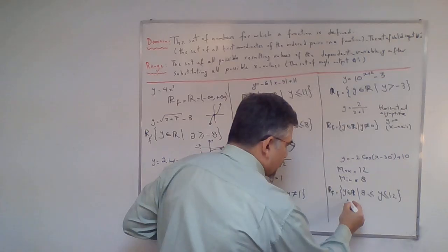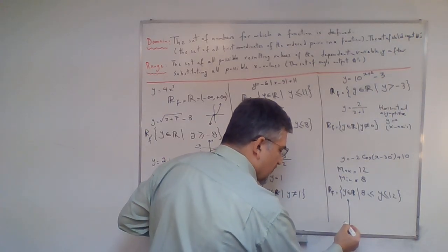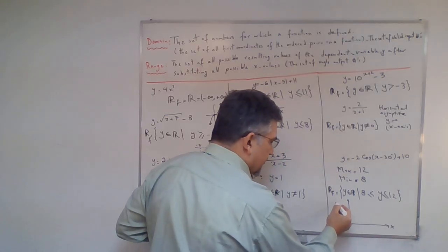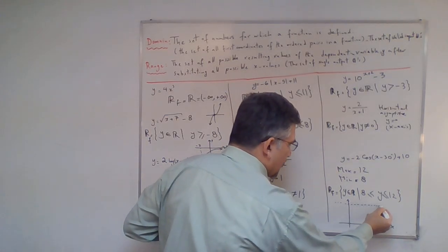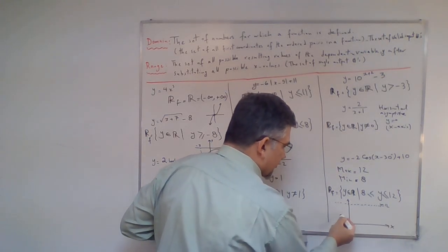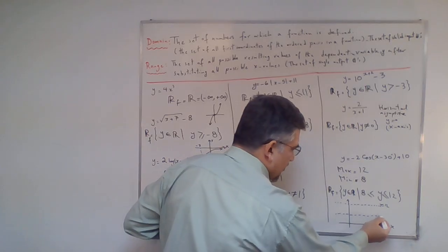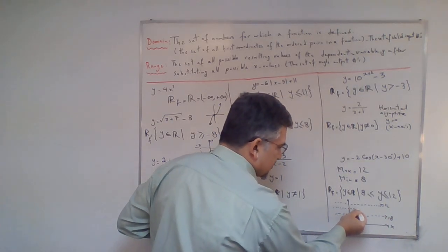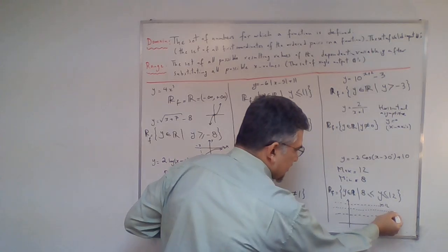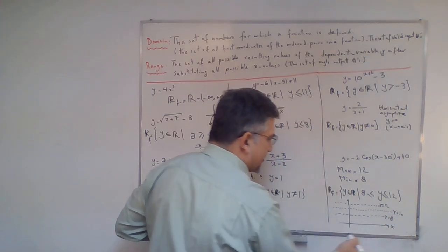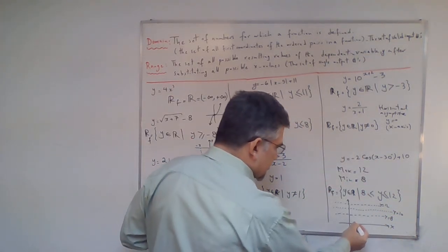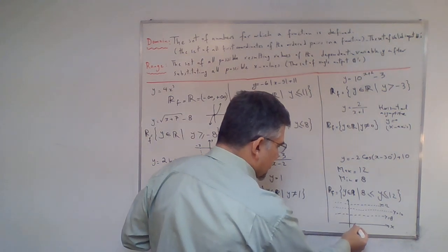If you draw a quick sketch of this, if this is the x-axis, and this is the maximum line, y equals 12, and this is the minimum line, y equals 8, then this middle line is the axis of the curve, y equals 10, and we have a shift to the right by 30 degrees. So let's say 30 degrees is this much.